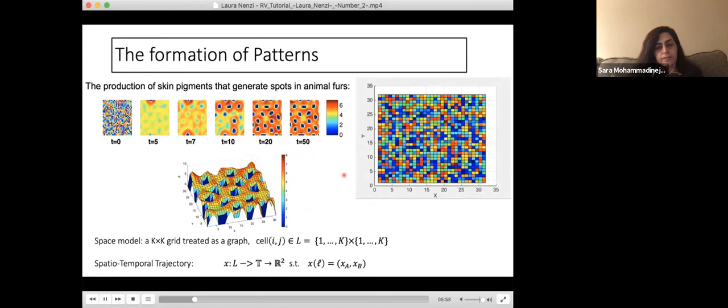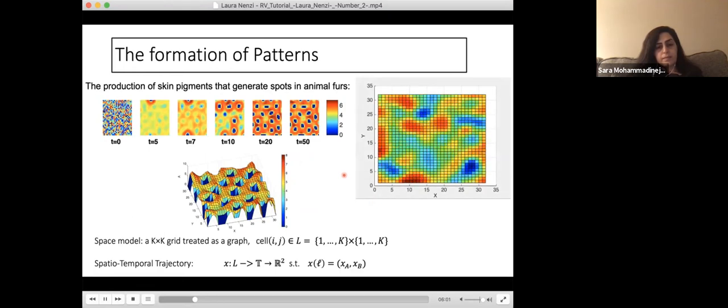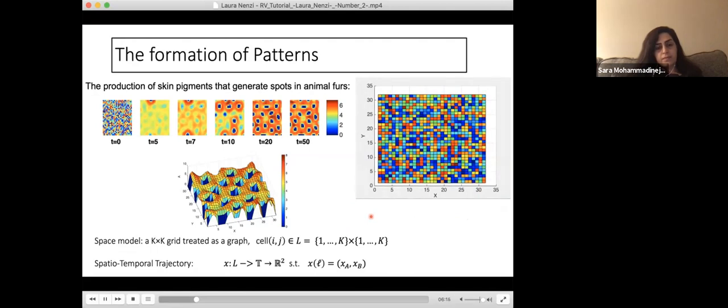Here you can see in the video the evolution in time of the system, and you can see that after a certain number of time units, there is a spatial configuration that is stable in time, where there are a number of spots in the space that are almost equidistant from each other.